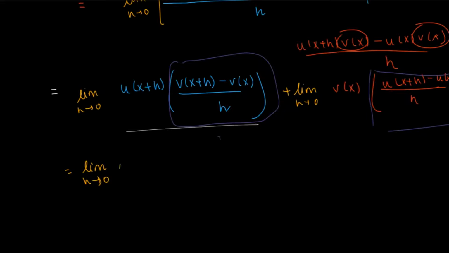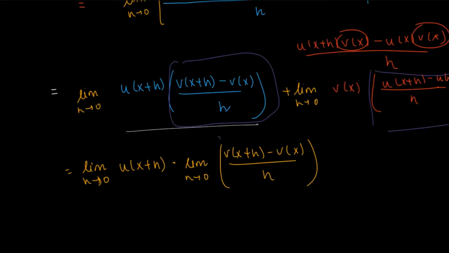So this, in fact, can be written as the limit as h goes to 0 of u of x plus h times the limit as h goes to 0 of this entire thing, v of x plus h minus v of x, all of this divided by h, provided that this limit exists. That's something that comes up in the technical definition of the product rule, but never mind, we can always just assume that.